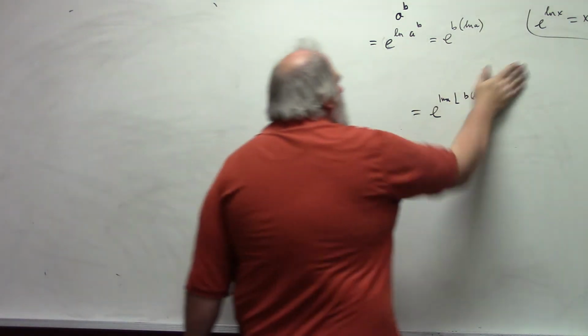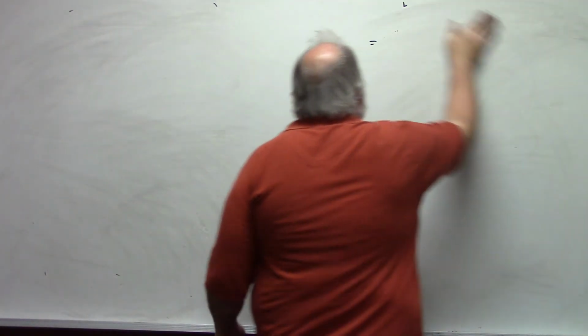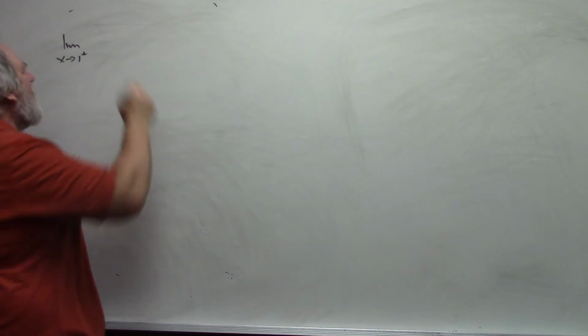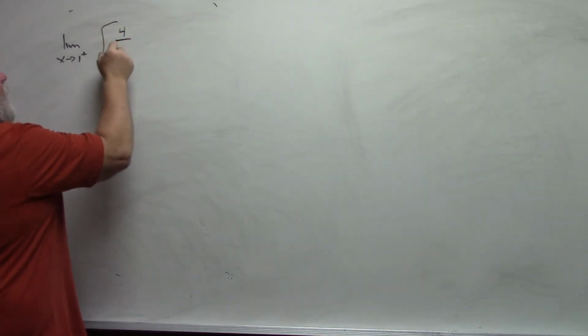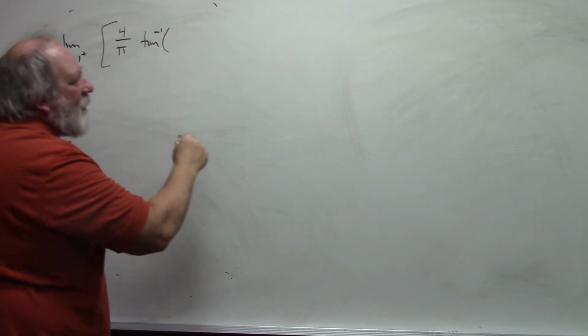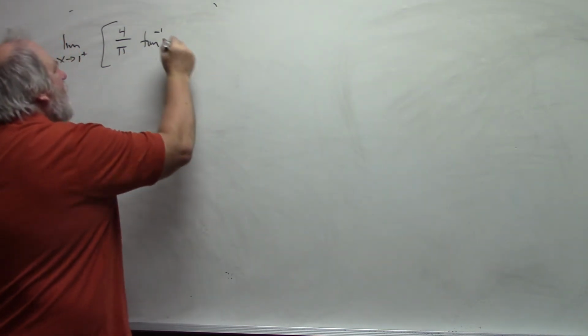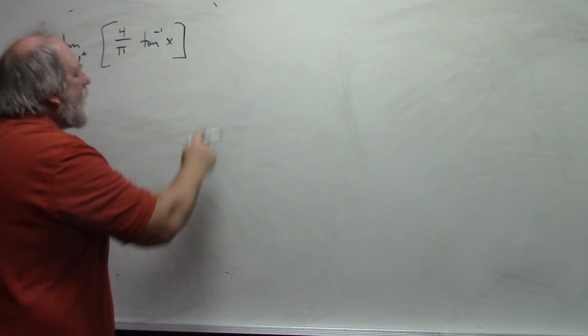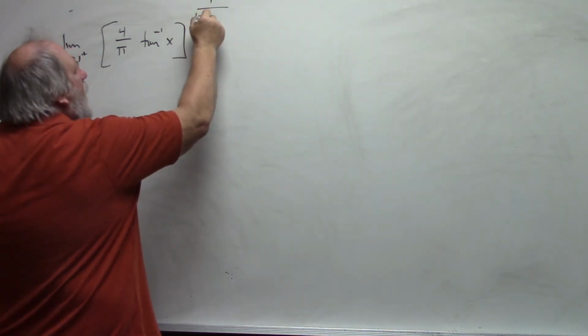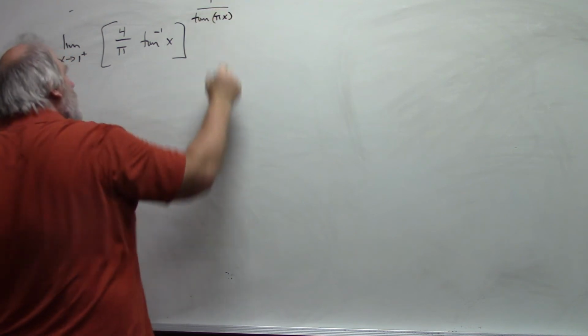Suppose I have the limit as x approaches 1 from the right of 4 over pi arctan of x, quantity to the 1 over tangent pi x.